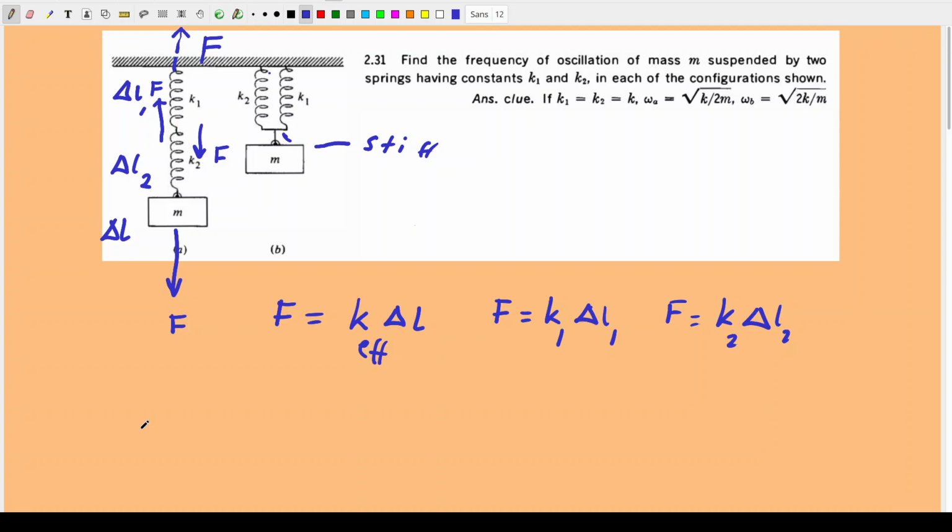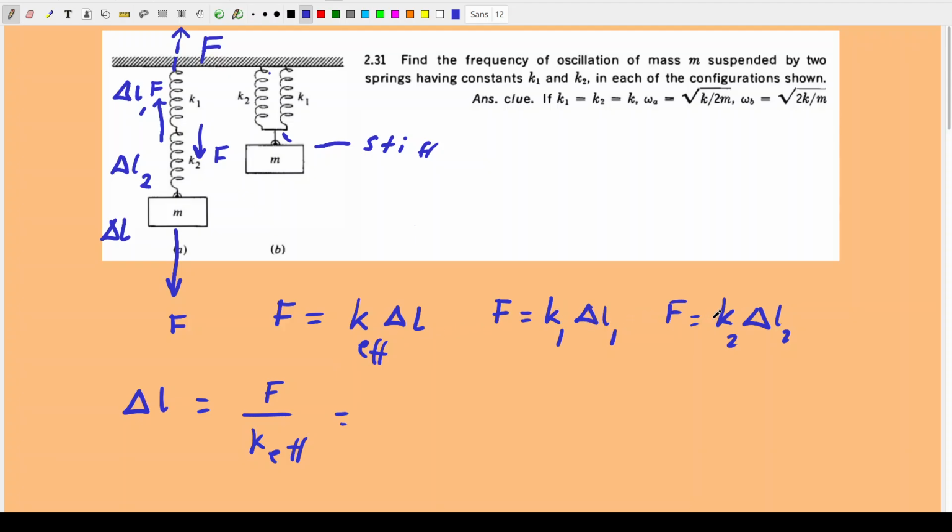So what we have here is delta L, that's equal, if you use this equation here, F over K effective, and we know the total delta L, which is extended here, is the sum of delta L1 and delta L2.